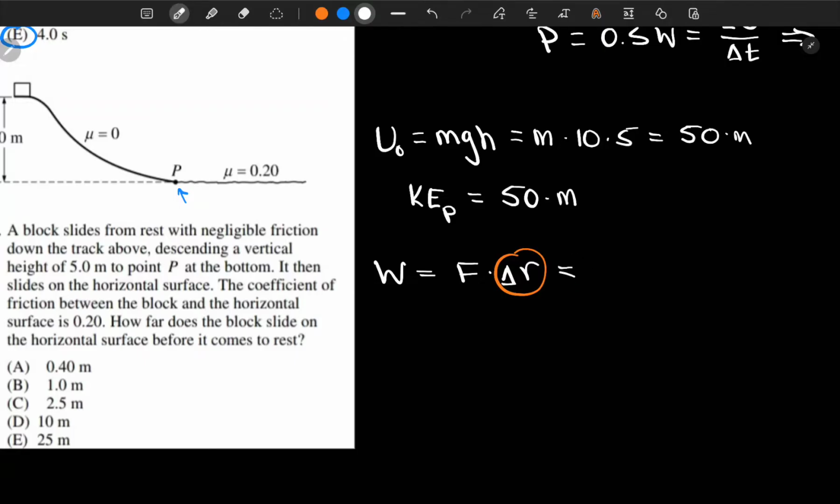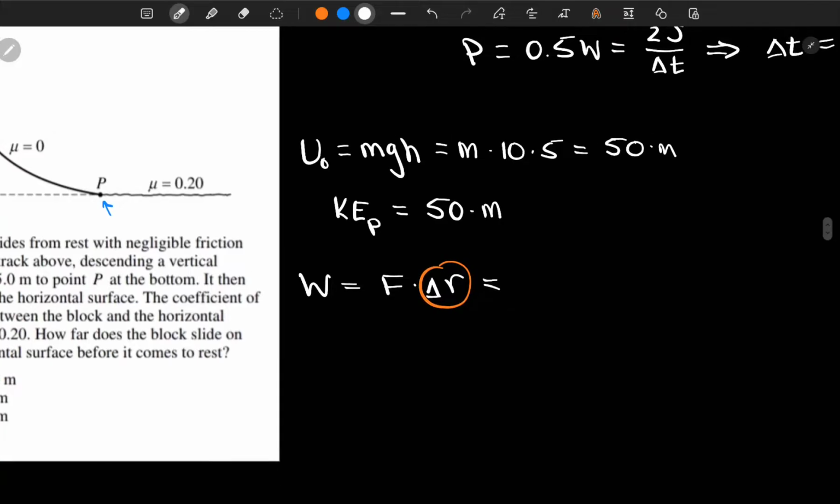Since work has units of energy, we have to exert 50 times m units of energy. So 50 times m joules has to be exerted by work from the frictional force in order to stop this block completely.